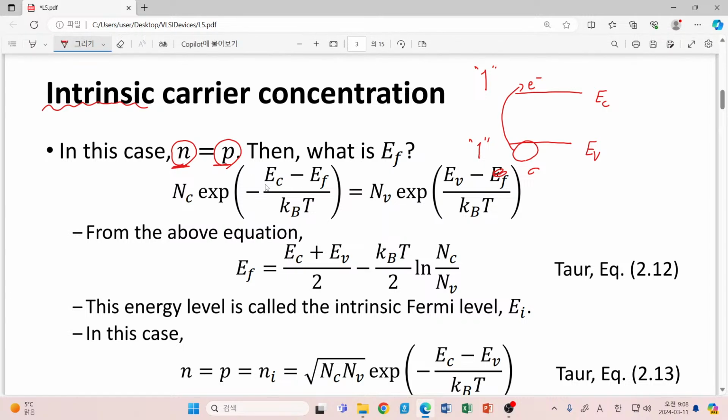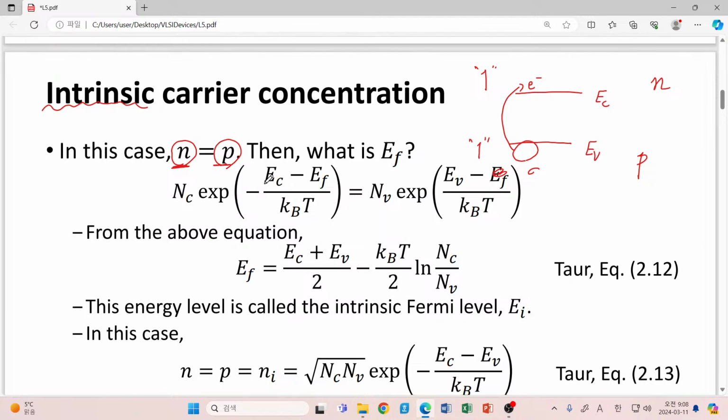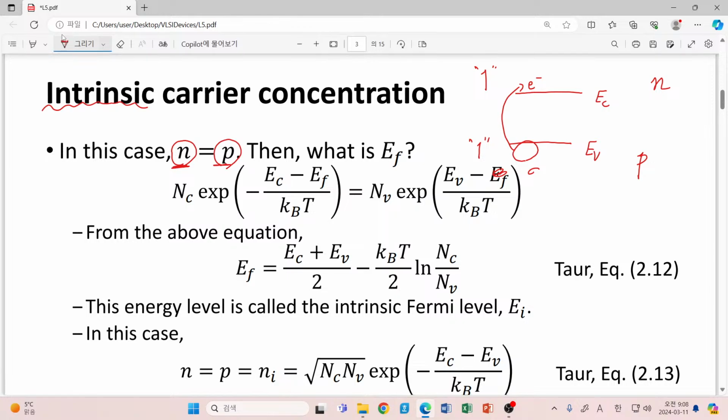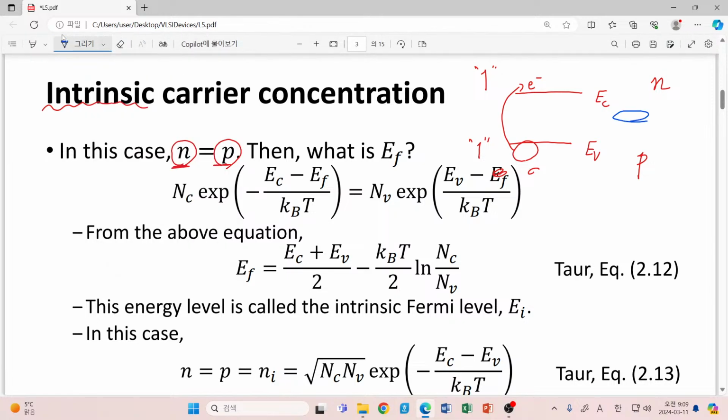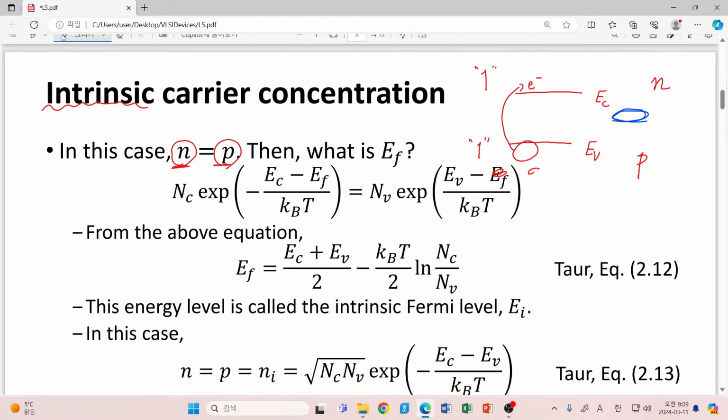The reason why we have the same electron density and hole density is that our electrons are provided from the valence band. If we have some other source of providing electrons into the conduction band, then there is no guarantee of the equivalence between electron density and hole density.